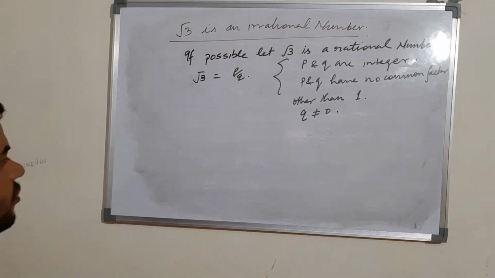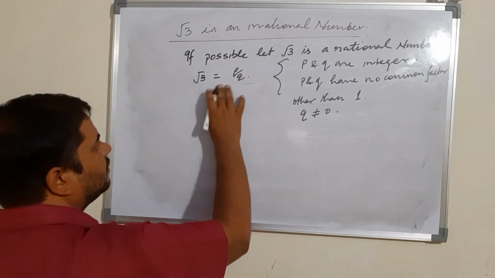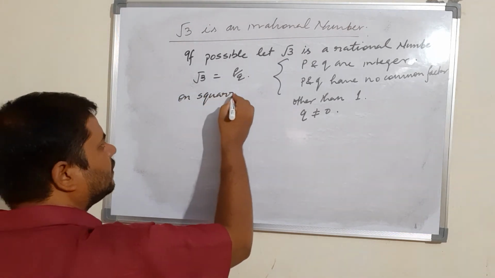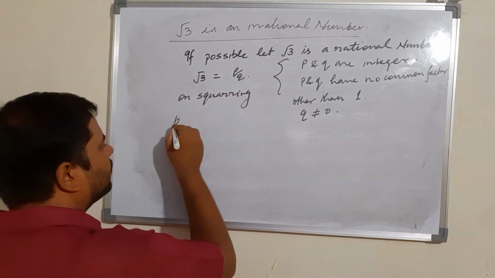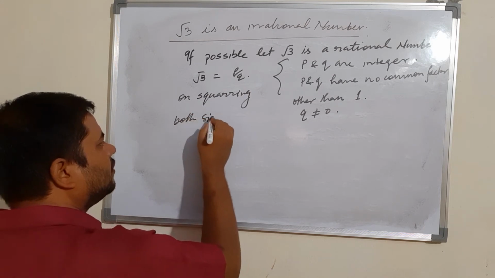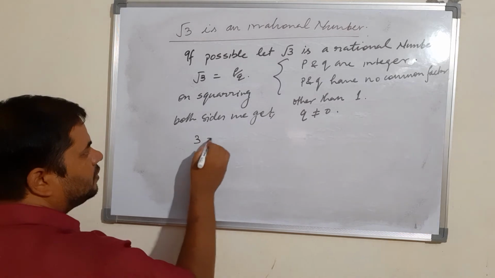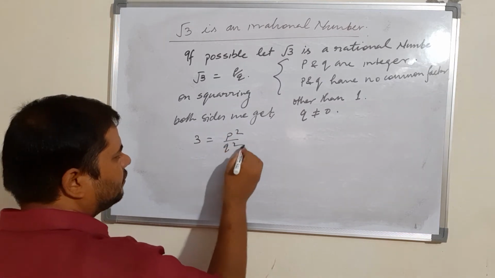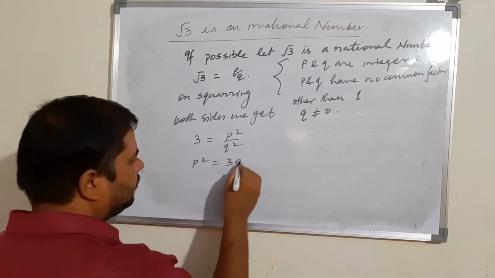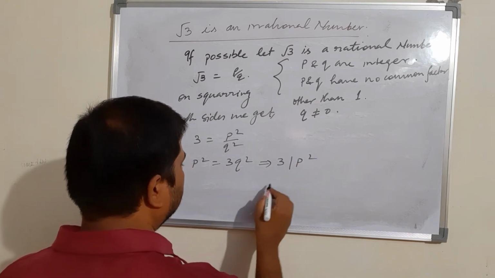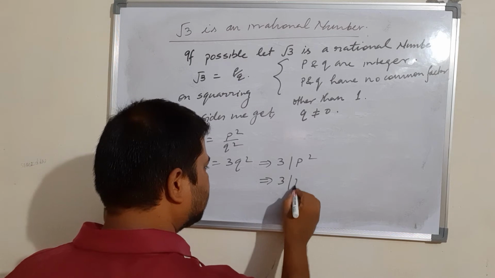So on squaring both sides we get 3 is equal to P square by Q square. So P square is equal to 3Q square. This means 3 divides P square, and this means 3 divides P.